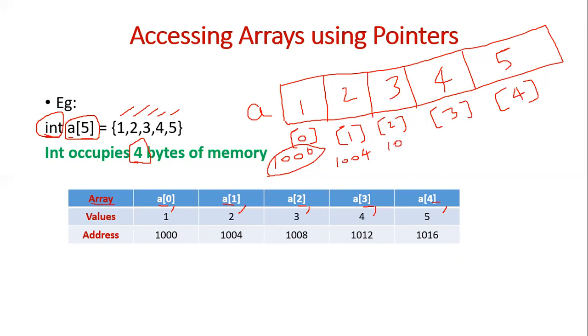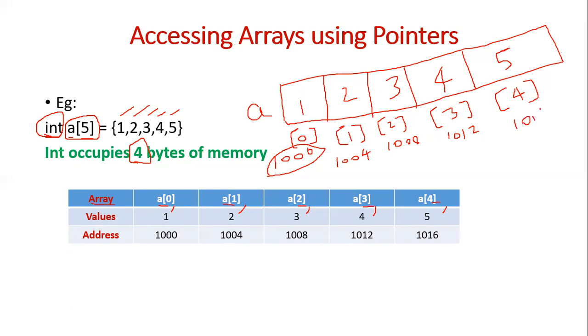And the address of A of 2 will be 1008. And the address of A of 3 will be 1008 plus 4, 1012. And the address of A of 4 will be 1016.